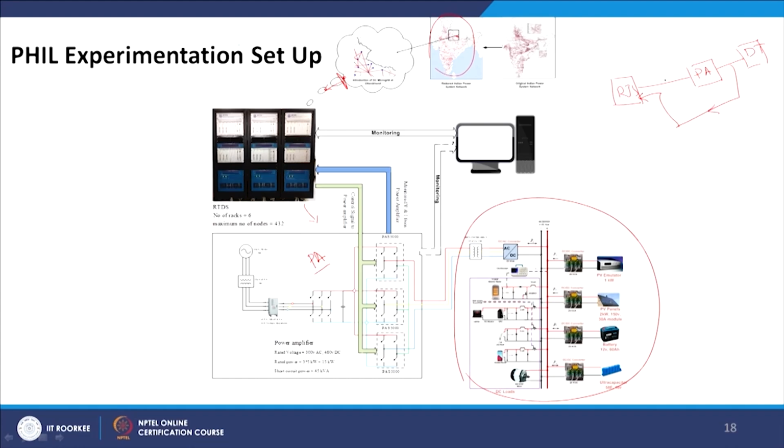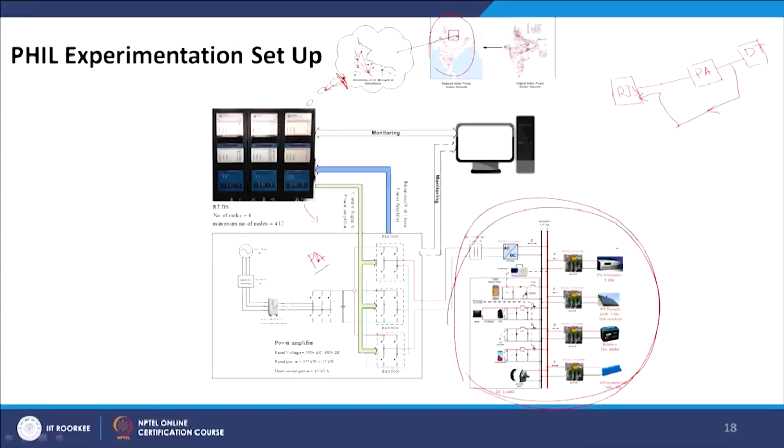I am not focusing here on the conversion from digital to analog and further analog to digital before giving back to my RTDS. Now, this is the test bed which represents my device under test, and this is what my amplifier looks like, and this is what my simulator is all about.